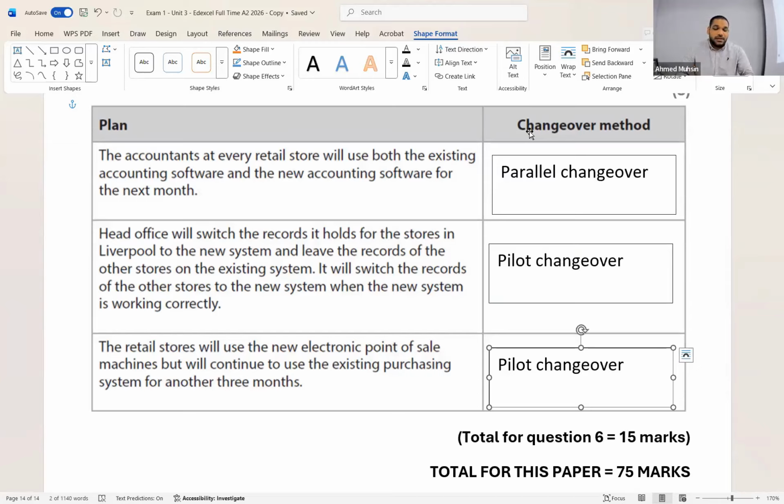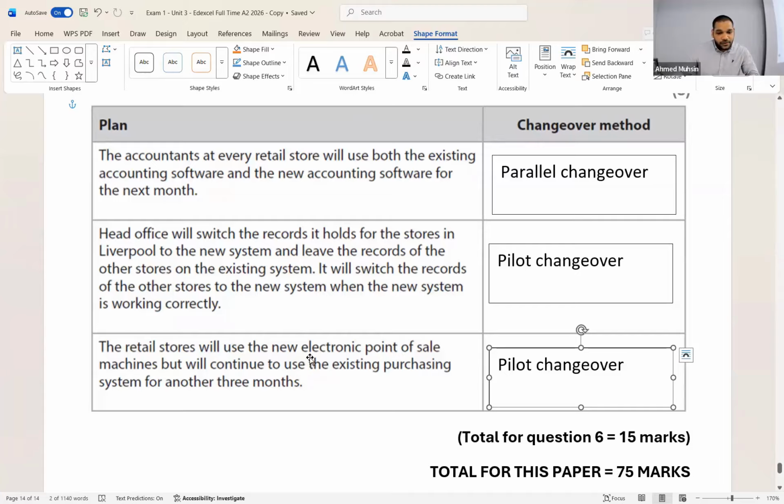The retail stores will use the new electronic point of sale machines, but will continue to use the existing purchasing system for another 3 months.